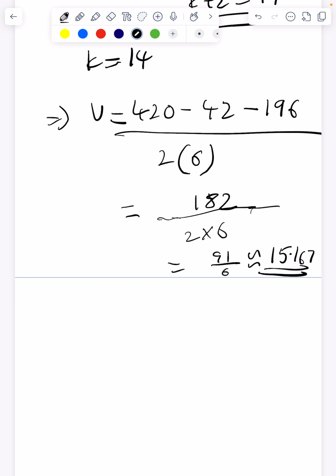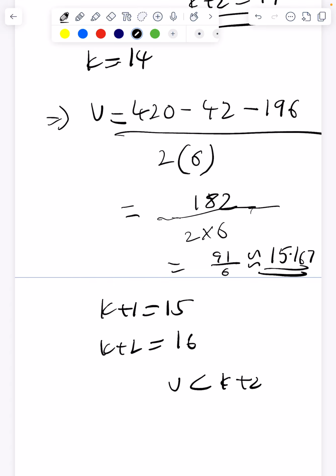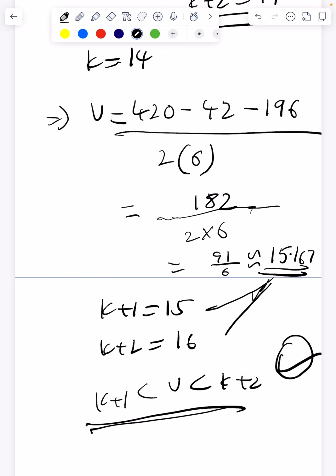And in this case, my K was 14, so K plus 1 is 15, K plus 2 would be 16, and V happens to lie between these two, so our condition is also satisfied.